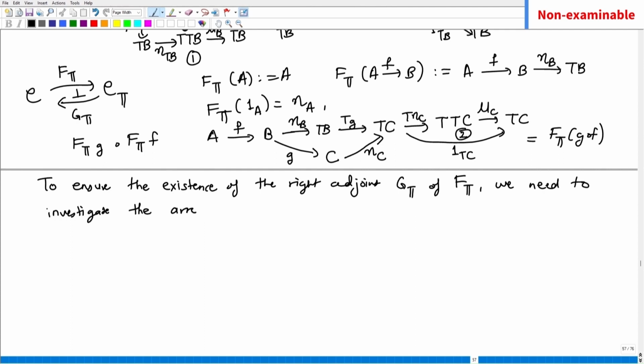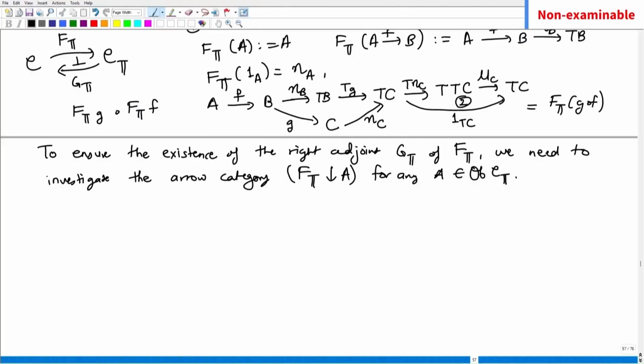the arrow category FT arrow A for any A in an object of CT or C. Normally, earlier we said that G has a left adjoint if and only if the arrow category A arrow G has an initial object, whereas here we are switching their positions.